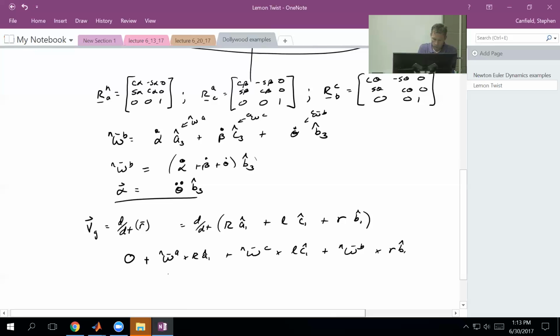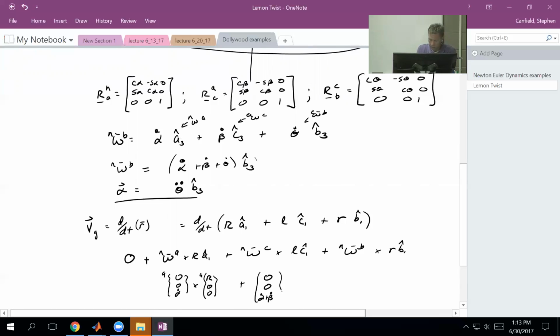I'll write these terms down. For this term, the angular velocity of A with respect to N, this is 0, 0, alpha dot crossed with R, 0, 0. This is all in the A frame. Angular velocity of C with respect to N is the combination of those two. So in the C direction, it's going to be 0, 0, alpha dot plus beta dot.